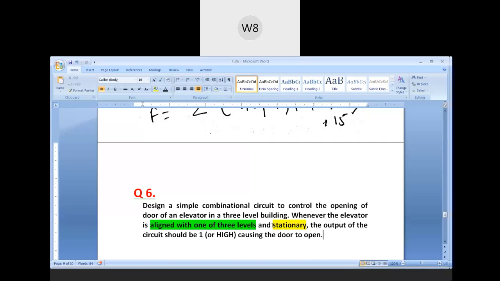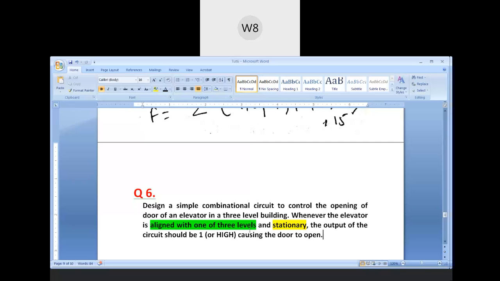One of the variables, of course, has to decide whether the elevator is in motion or stationary. So there will be one variable corresponding to this state of the elevator. And since there are 3 levels in the building, we have to have 3 variables where each variable will decide whether the elevator is aligned with a specific level or not.